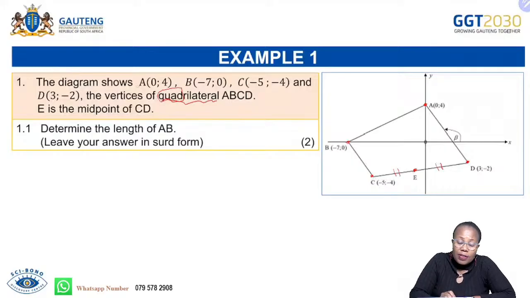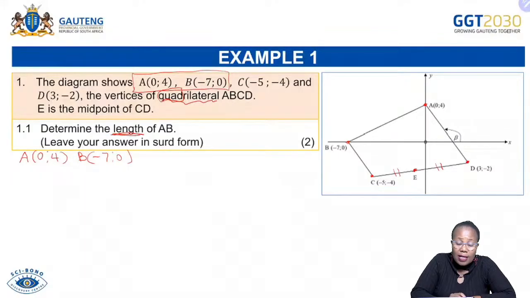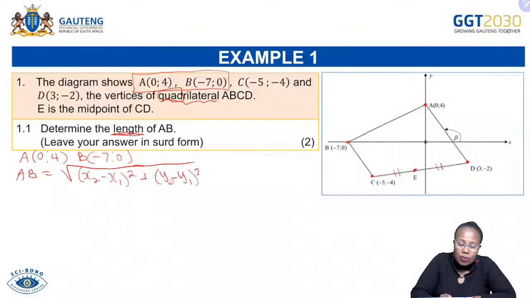So grade 12, it is better to crop them out and bring the coordinates you'll be working with closer here, so that you do not mix them up. So this is (-7, 0) and A is (0, 4). And then we are looking at the length. The length is distance. So we are looking at the distance formula. AB is equal to the square root of (x2 - x1) squared plus (y2 - y1) squared.